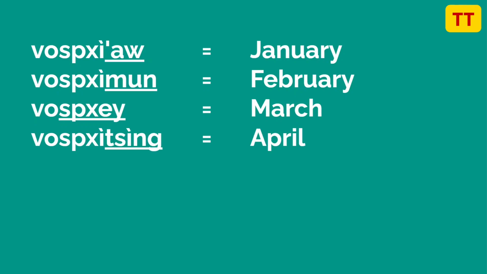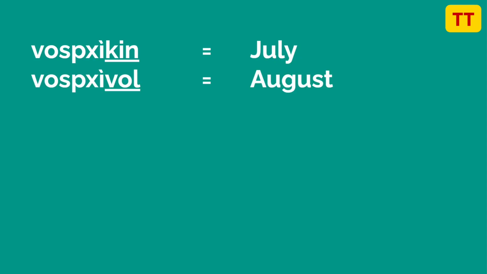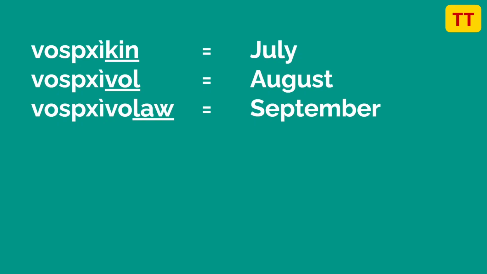Was tsing, April. Was May. Was buk, June. Then next slide, next month. Was kin, July. Was vol, August. Was lau, September.